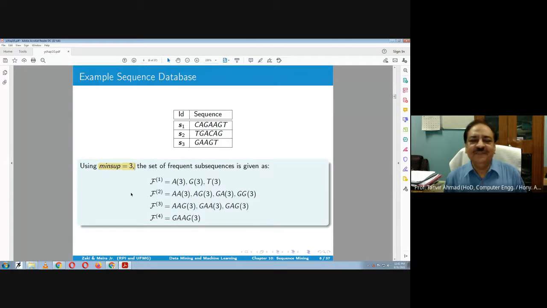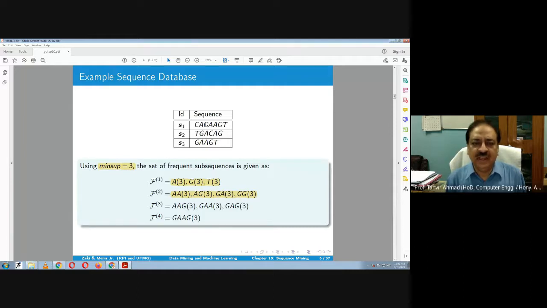Now if I just try to find it by inspection, I find that A occurs in all the three sequences, G occurs in all the 3 sequences, T occurs in all the 3 sequences. Therefore, A, G, T will be part of the frequent ones. Now if I generate the other ones, I will be able to find that AA, AG, GA, GG also occur in all these sequences.